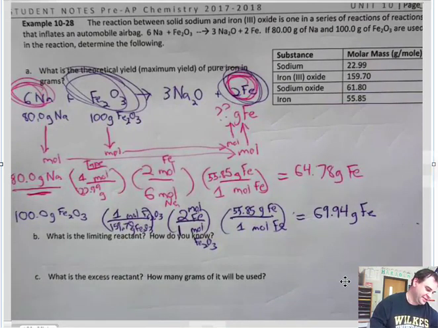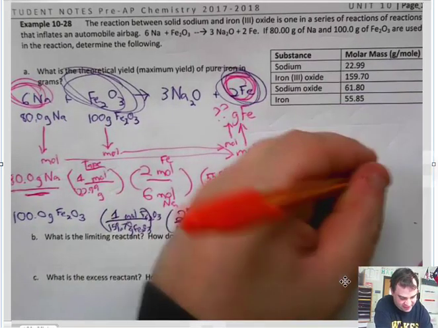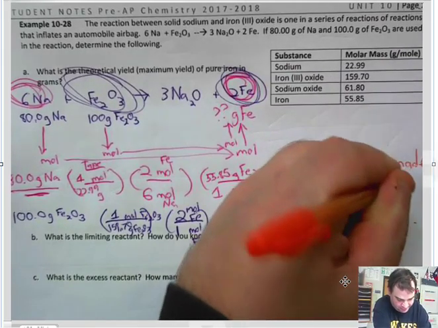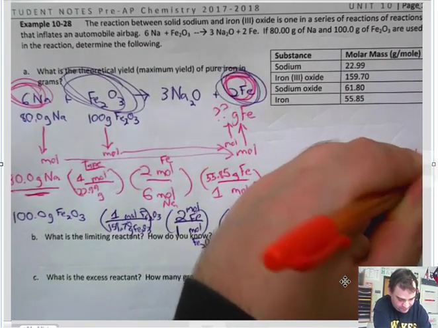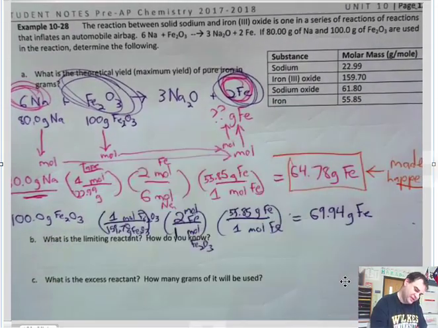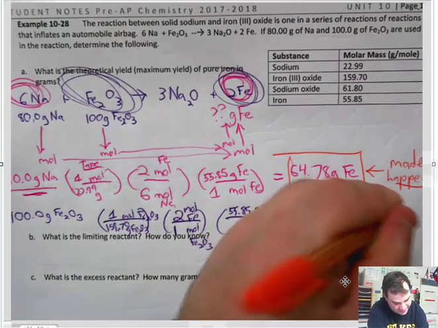What does that tell us? That tells us that this is what we made. It happened. Okay, this is what we didn't make.